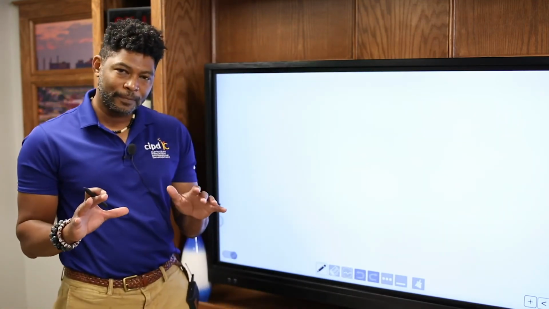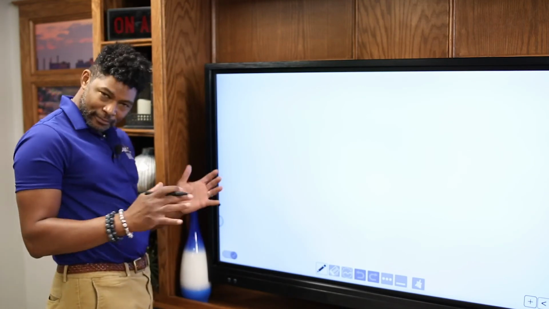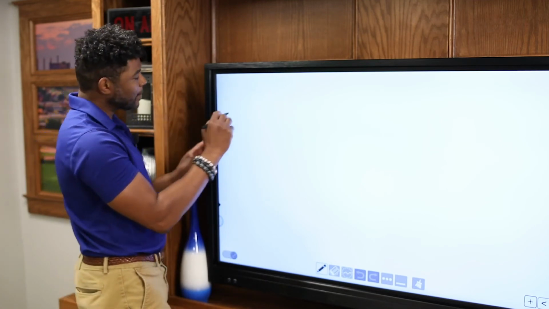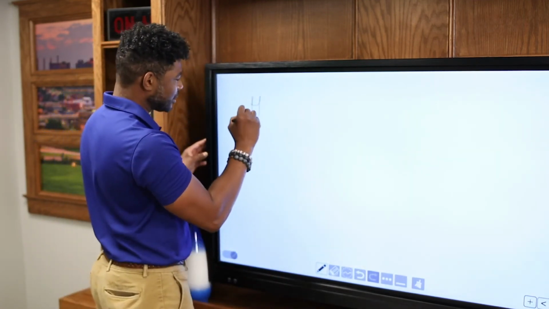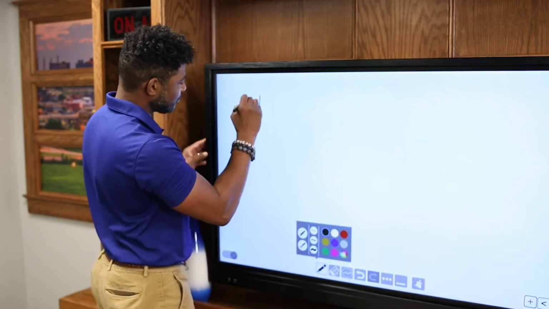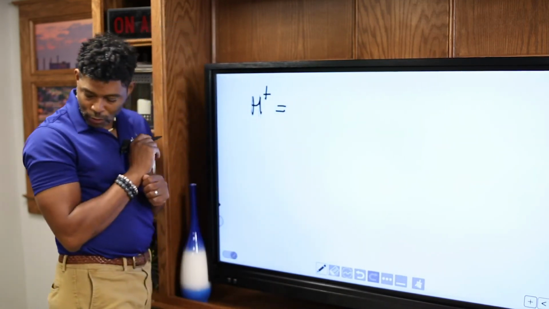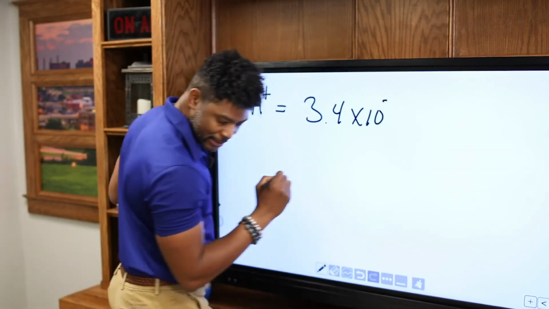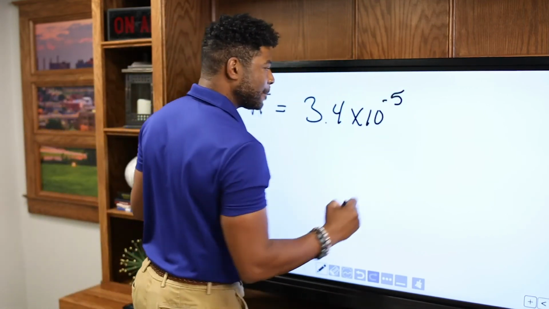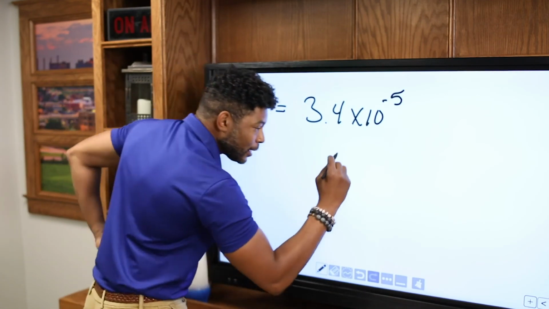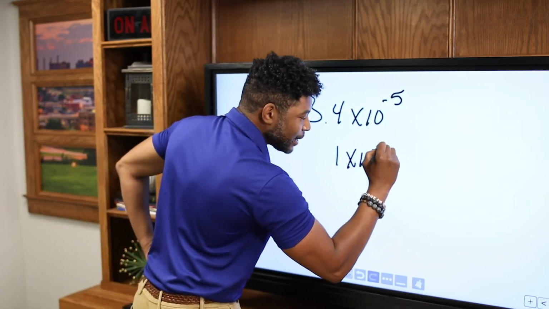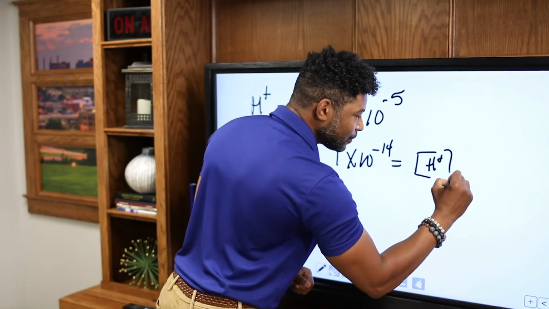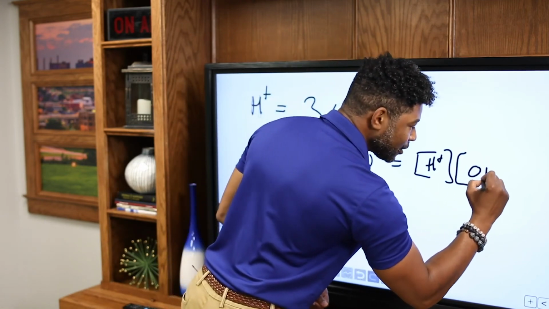So let me give you a problem. First of all, let's assume that we have a solution that has a hydrogen plus, H+, concentration equaling 3.4 times 10 to the minus 5. Okay? Now, remember, 1 times 10 to the minus 14 equals whatever the concentration is for H+ times whatever the concentration is for OH-.